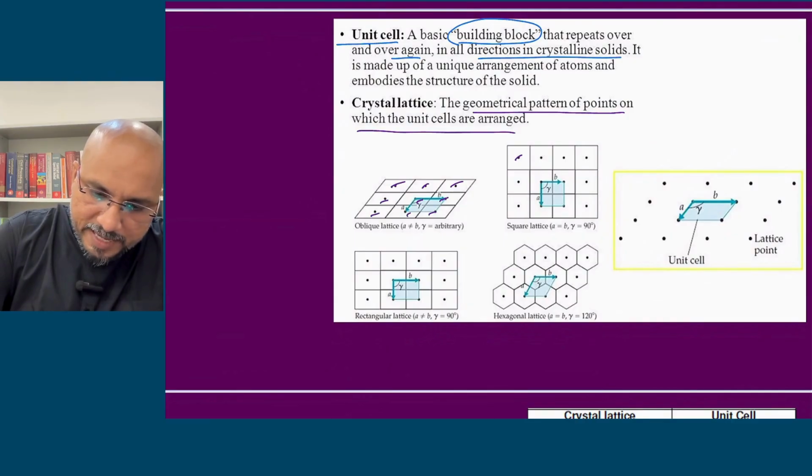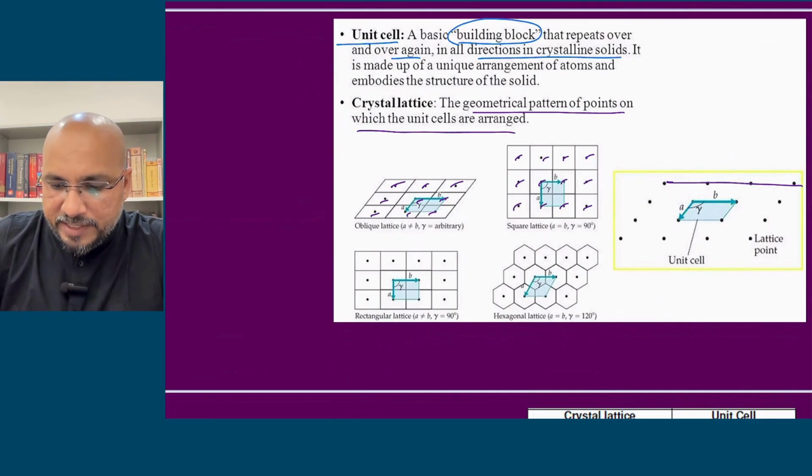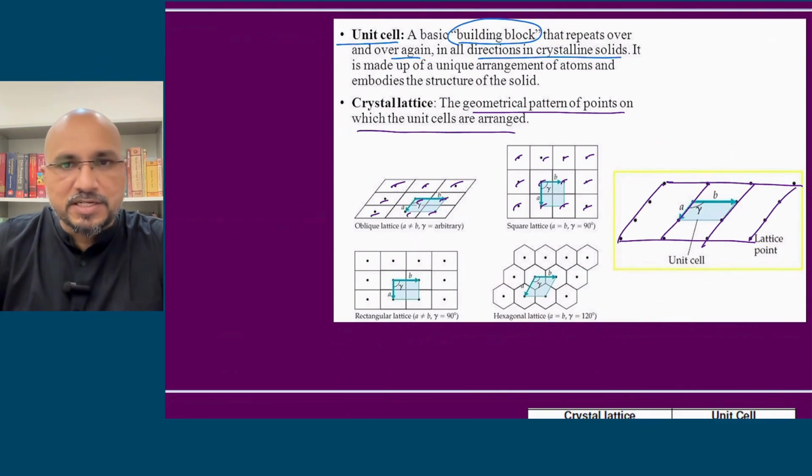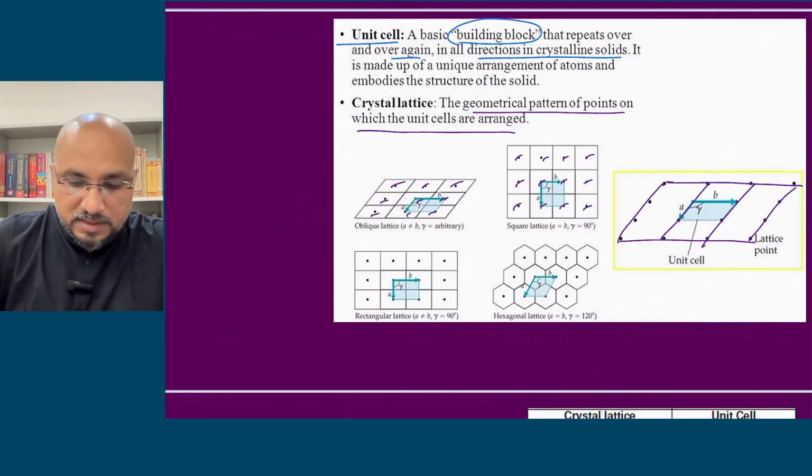So this geometrical pattern of points on which the unit cells are arranged is your crystal lattice. The unit cell is arranged on this crystal lattice.